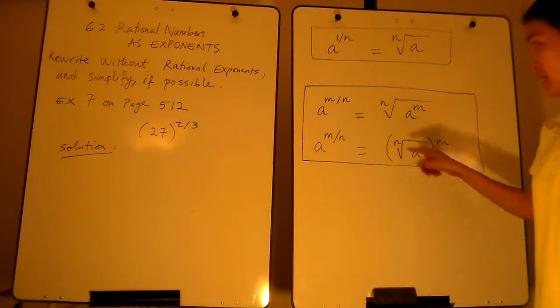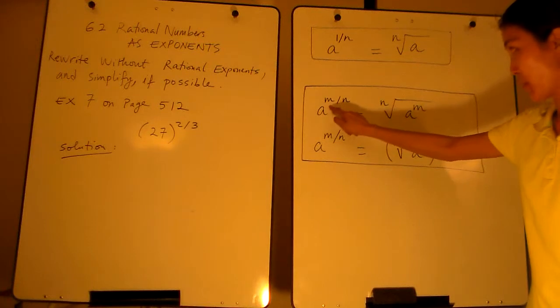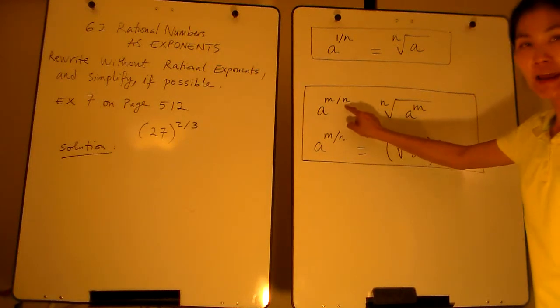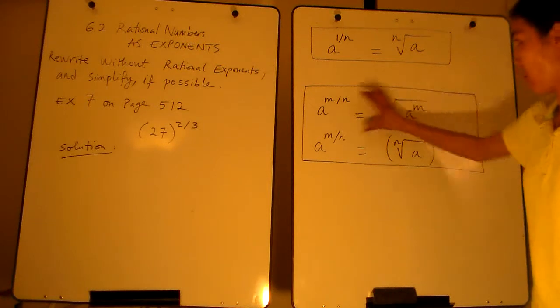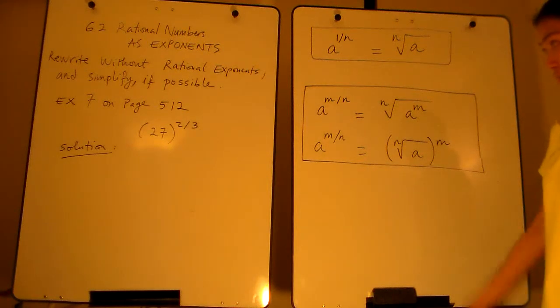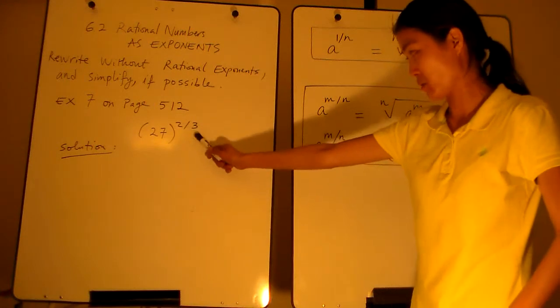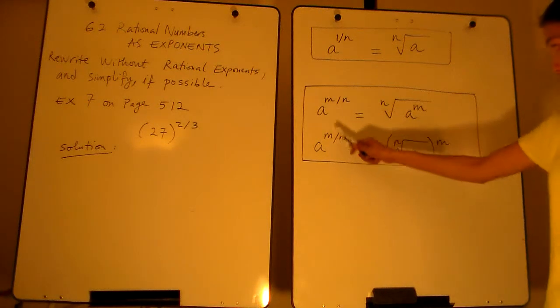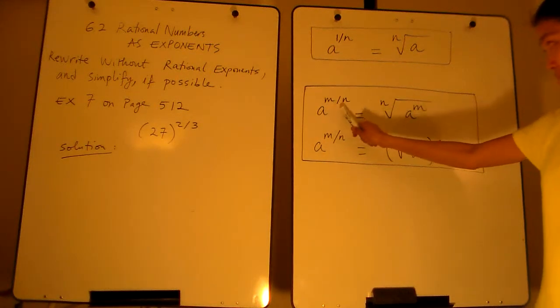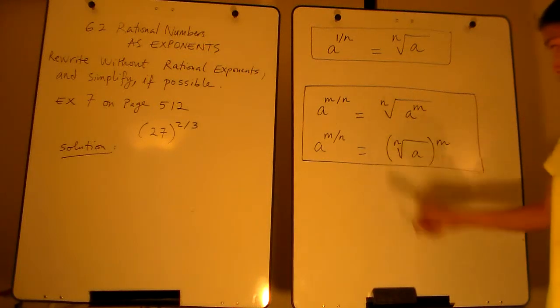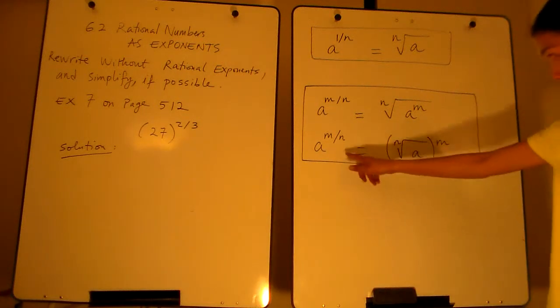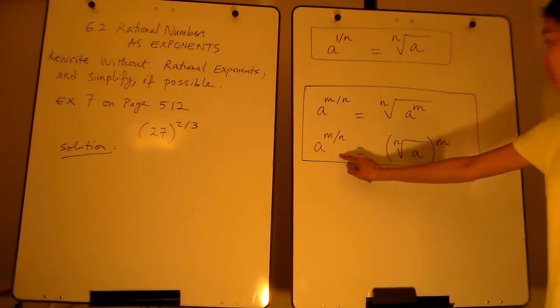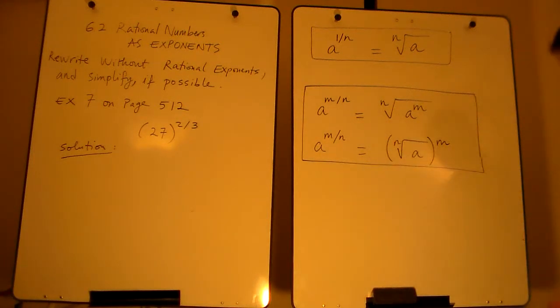So you're going to use this formula, because this is a raised to some number m divided by some number n. So this formula is more general than this, okay? Because the given exponent is 2 divided by 3, this formula is the one. You can use this formula, which is a raised to m divided by n equals this expression, or equivalently you can use this formula, which equals the nth root of a, and then everything raised to the m power.